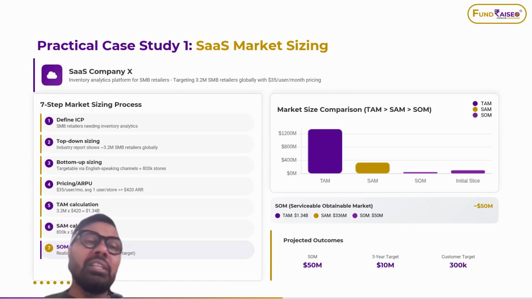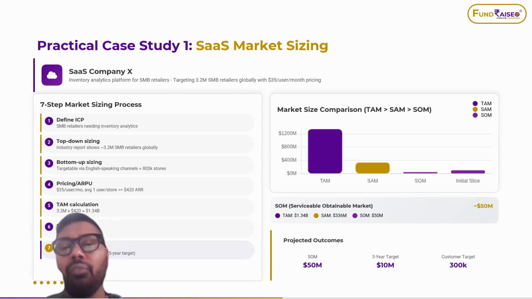By the way, these numbers are not actual because we have to sanitize the numbers, as we maintain strict confidentiality with all our clients in terms of the work that we do. But hopefully it gives you a good idea of how you can do a quick market sizing exercise for a recurring business model such as software as a service, or SaaS.